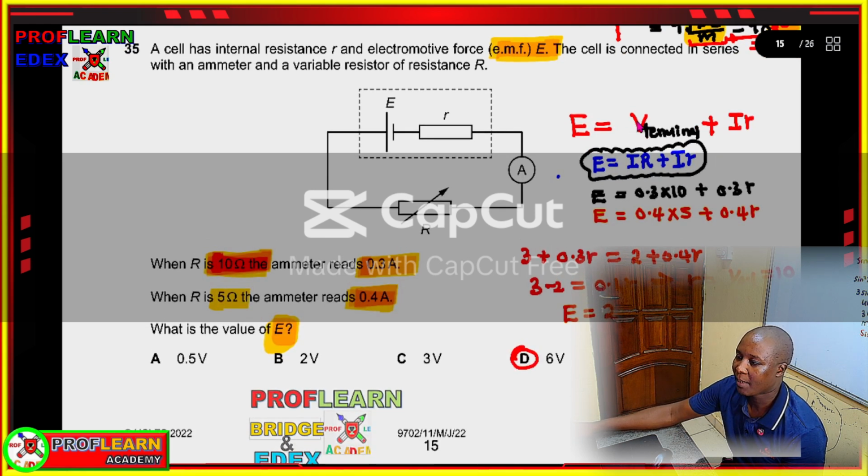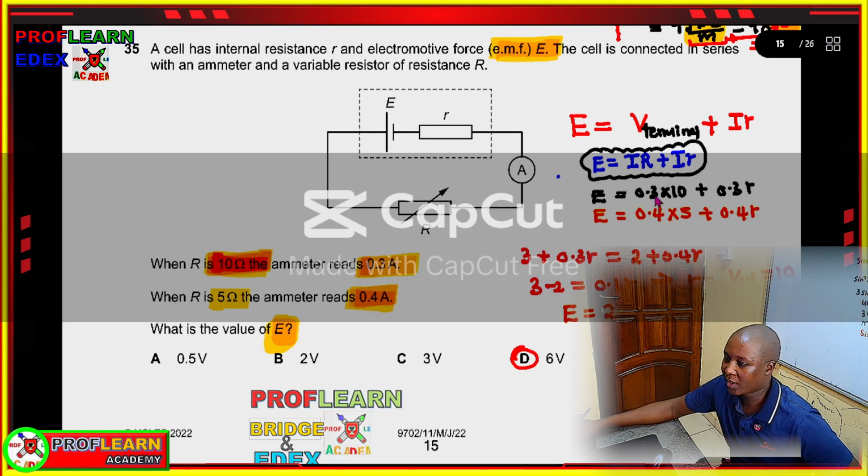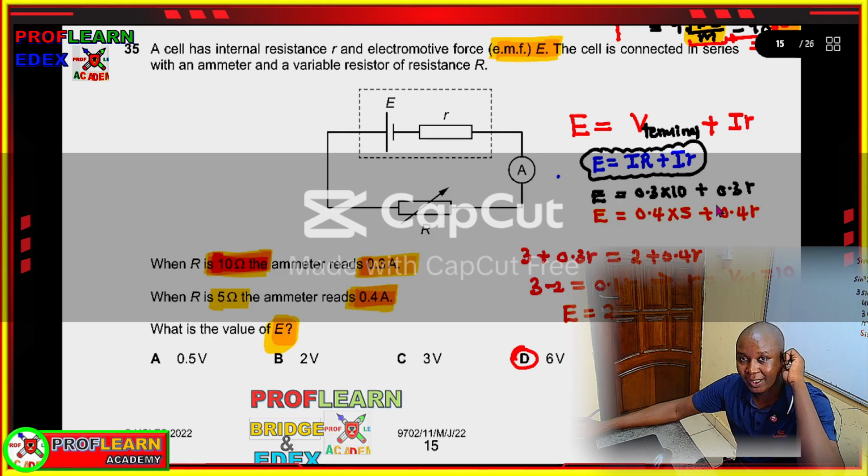So terminal voltage is the current flowing through the circuit times the external resistance, plus the current times the internal resistance. When the external resistance is 10 ohms, we have a current of 0.3 amperes. So E equals 0.3 times 10 plus 0.3 times r, where r is the internal resistance of this particular cell.